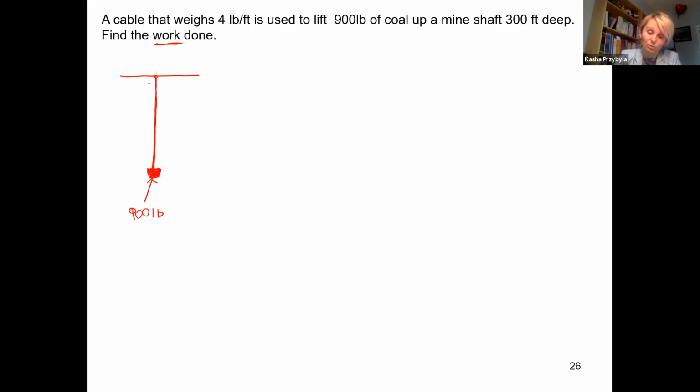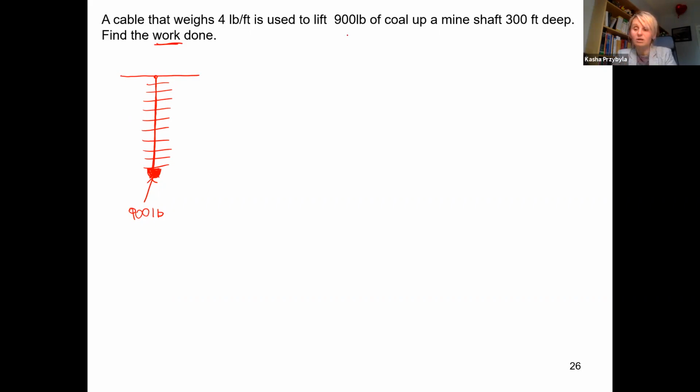And we remember what to do. We will divide it into small parts, because when we are lifting the cable, we are applying some work, but as the cable is getting shorter and shorter, we need less work. That means it's not constant.